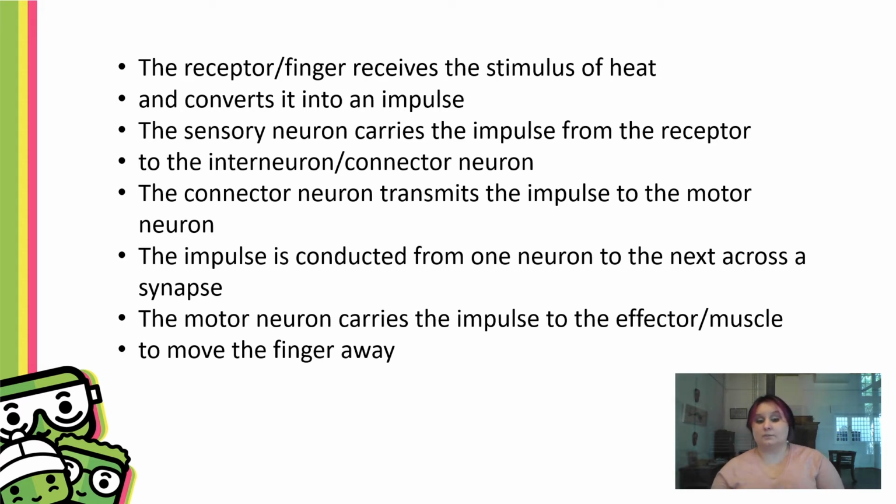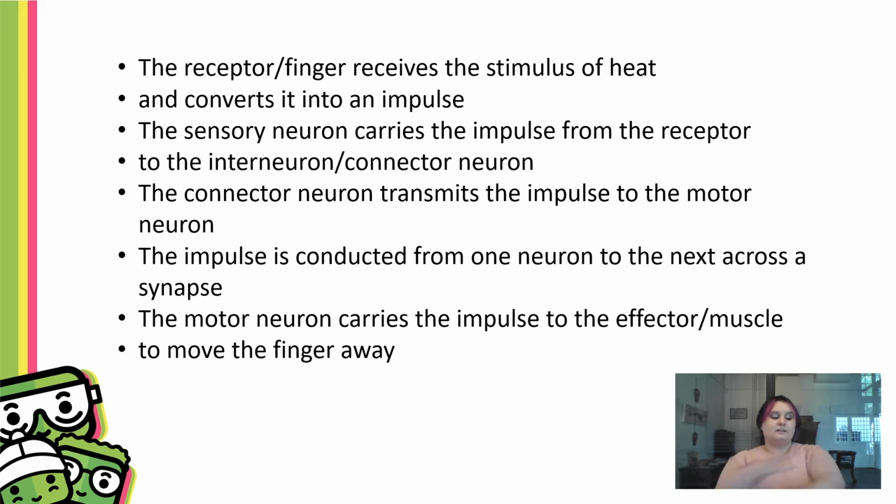Those two words can be used interchangeably. The connector neuron in the spinal cord then transmits the impulse across the synapse to the motor neurons. And this impulse is then conducted from one neuron to the next across each synapse, all the way from your spinal cord to the effectors.